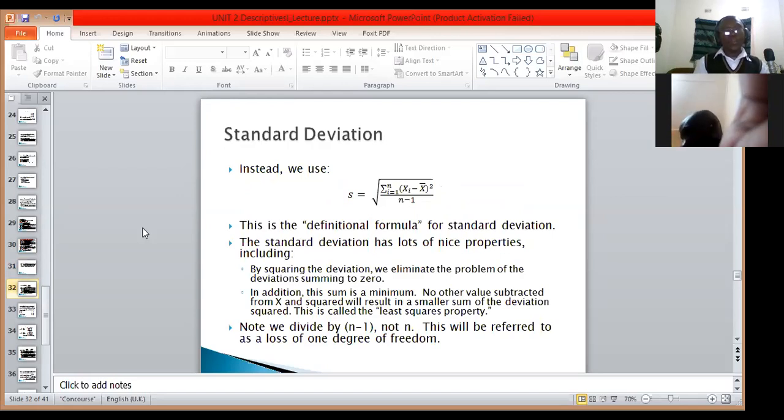The formula for the standard deviation is the formula for the variance, then you find the square root. Basically, standard deviation is variance under the root. That's how we calculate the standard deviation.